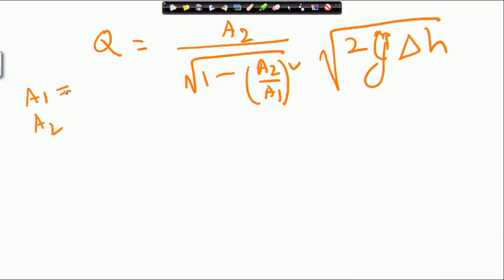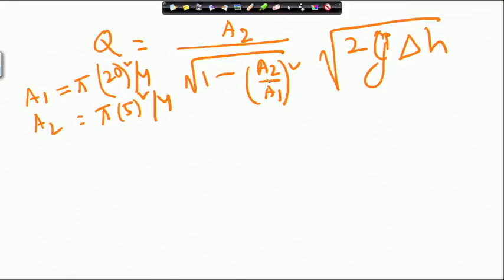A1 term can be found out as pi d square by 4, so pi 20 square by 4, where 20 centimeter is the pipe diameter. A2 is the orifice or nozzle or the venturi throat diameter, which is given as 5 centimeter. So, pi d square by 4. So, these terms now will be obtained.